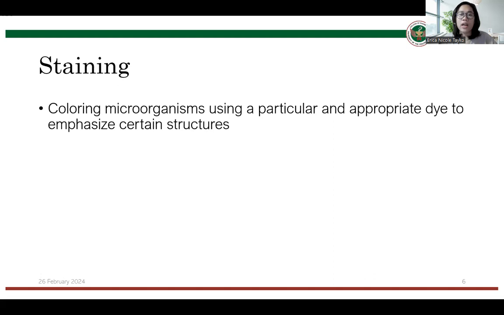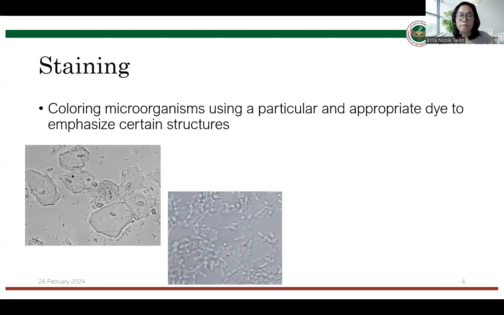So again, why is it important that we perform staining when we try to observe the bacteria under the microscope? Because naturally your bacteria would be colorless, meaning they do not have any color, so you will not be able to properly observe them under the microscope.